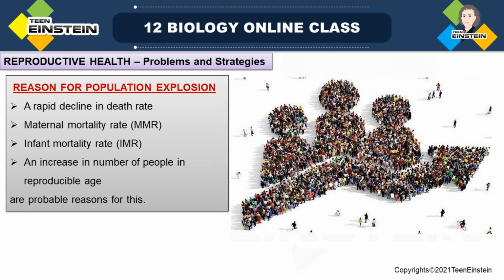The maternal mortality rate and infant mortality rate are decreased, and there is an increase in the number of people in reproductive age. Overall the death rate is low. So these are the probable reasons for population explosion.